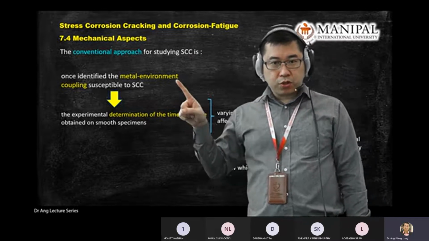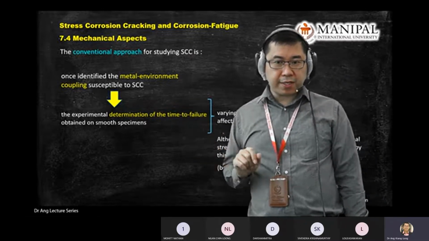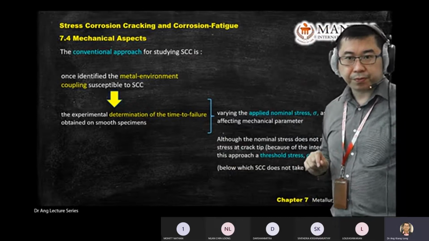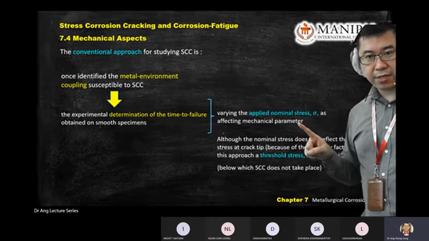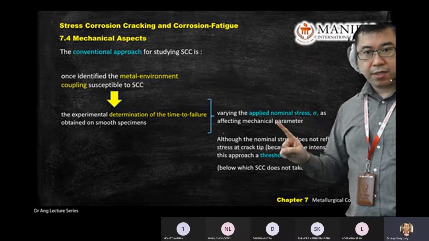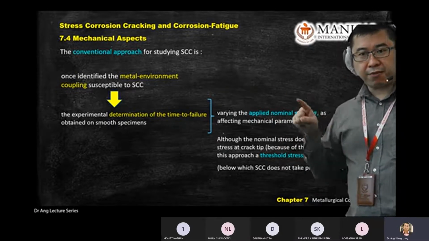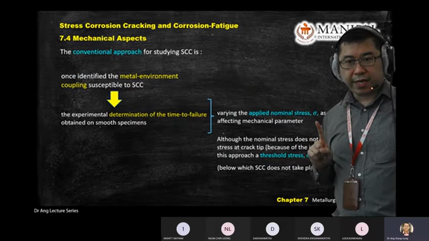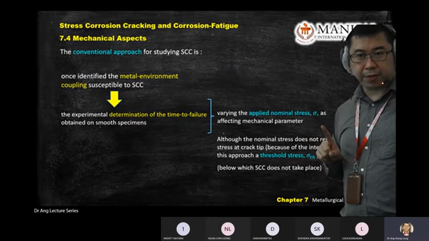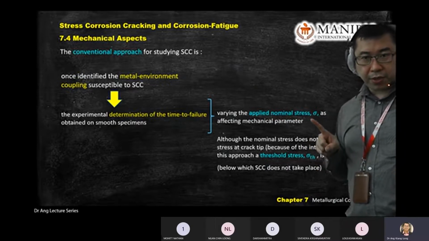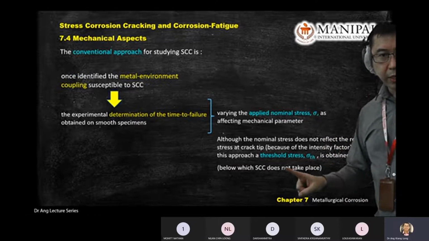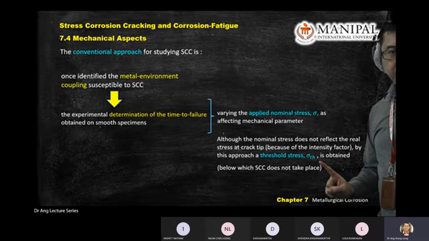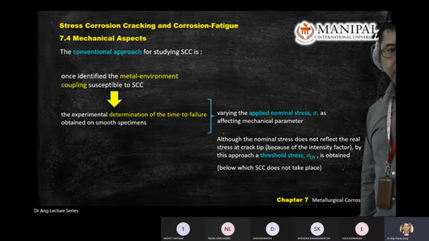So choose the environment and then determine the time to fail. Then in the experiment, you determine the stress from the graph itself. You get the stress value from the tensile machine, the nominal stress. Then you calculate the threshold stress.